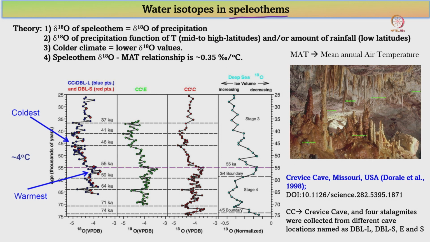Now, if this carbonate precipitates hanging from the roof of the cave like this, okay, this is the roof of the cave, and these are the hangings. So, it is hanging from the roof of the cave.